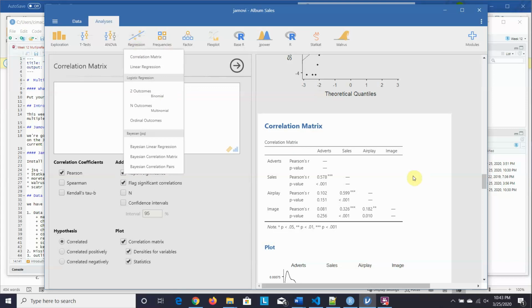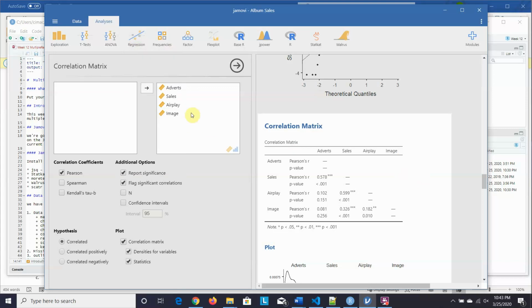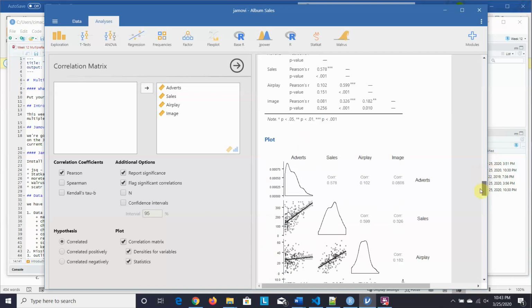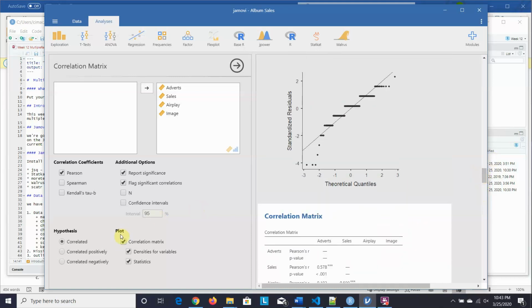I've already run it. We're going to move all of our variables over to the right-hand side. We're getting the Pearson correlation. We want to flag our correlations. And we're going to go ahead and get plots with densities and statistics. And we're going to look at these.